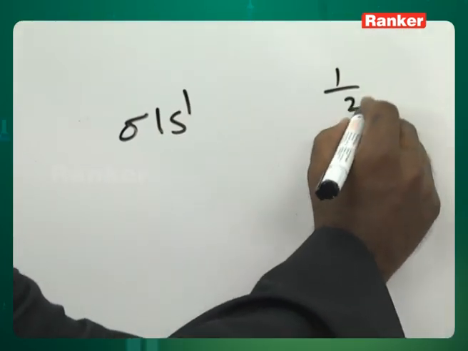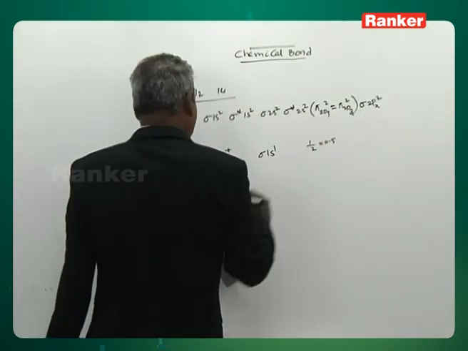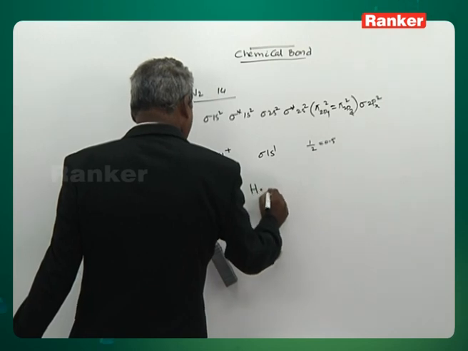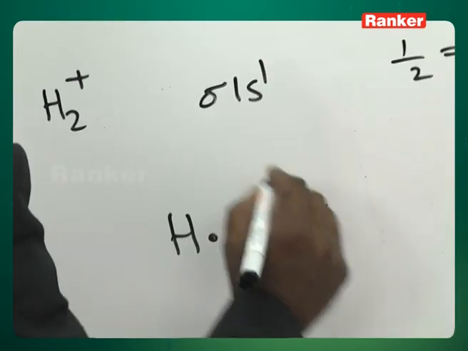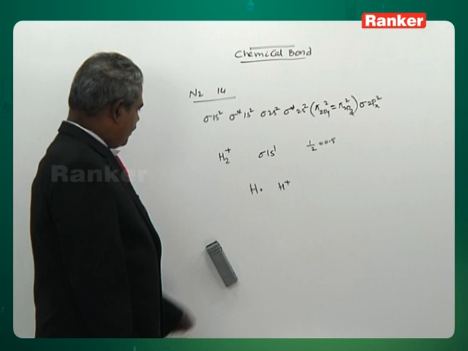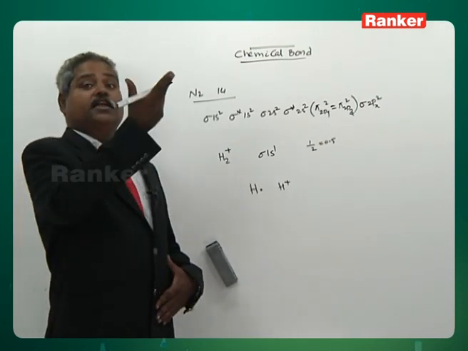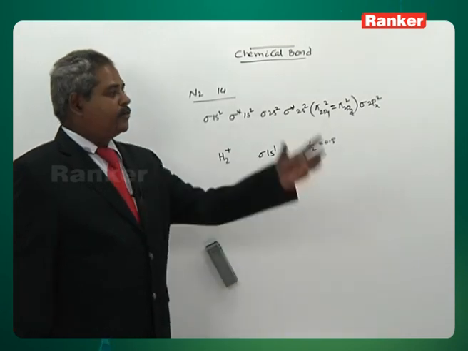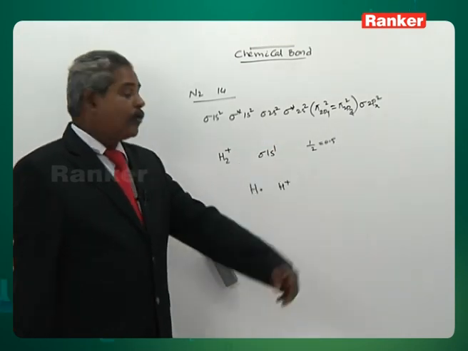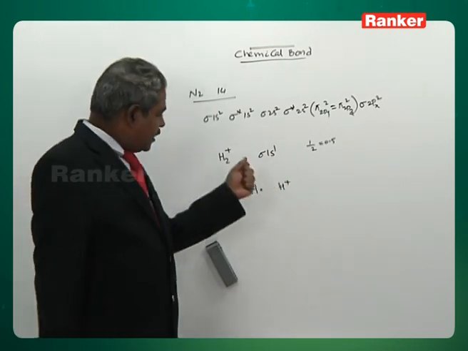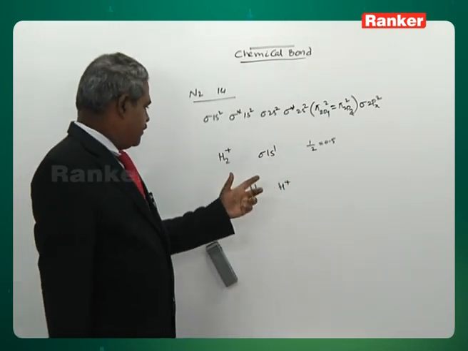Bond order 1 by 2, 0.5. And it is common sense also to understand: you have a hydrogen atom with one electron and a proton. How can they be bonded? H2 plus exists under certain circumstances. You take hydrogen gas and start heating it, one of the molecules may lose one electron, but still they are somewhat bonded.